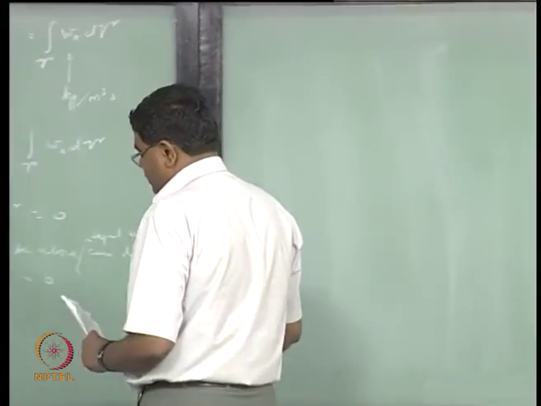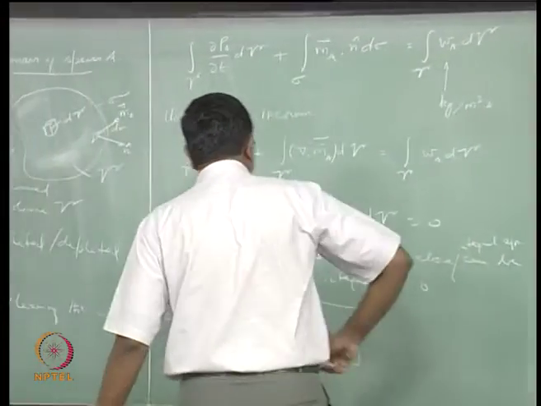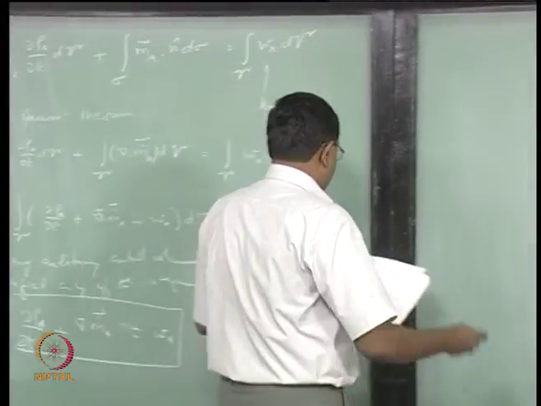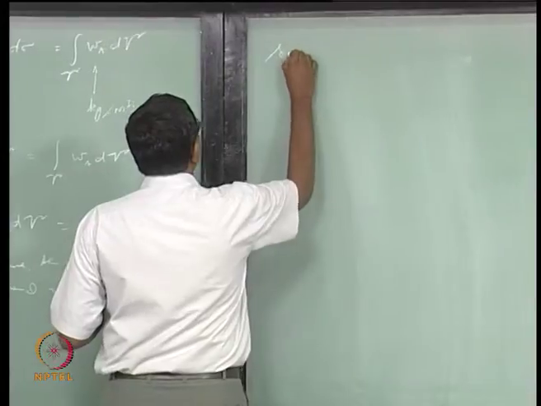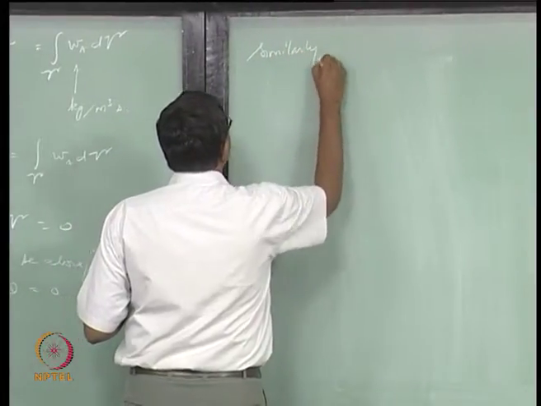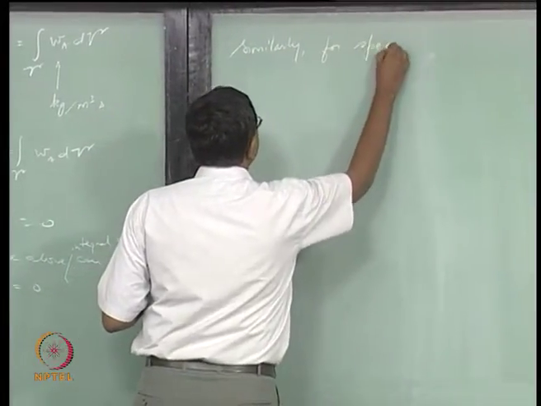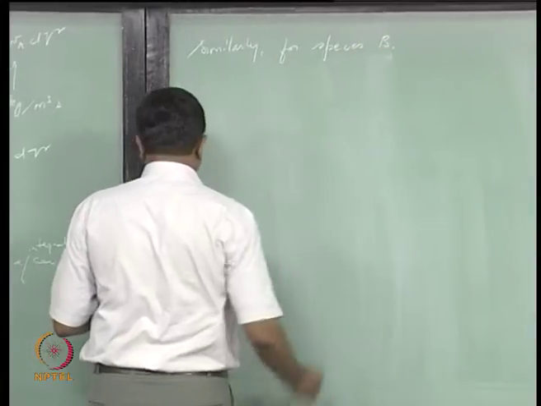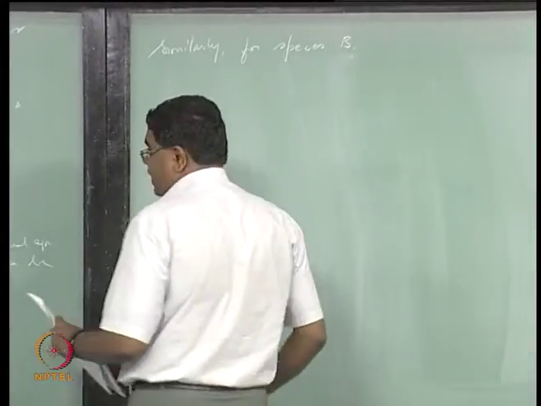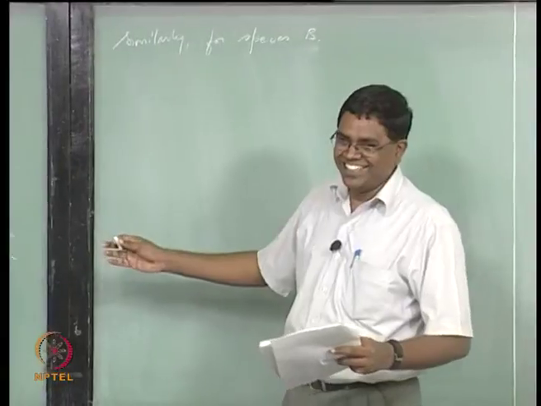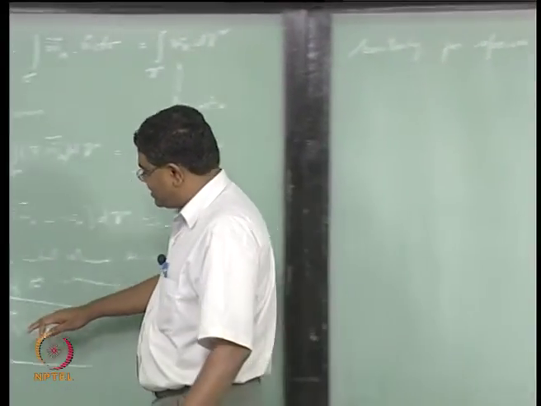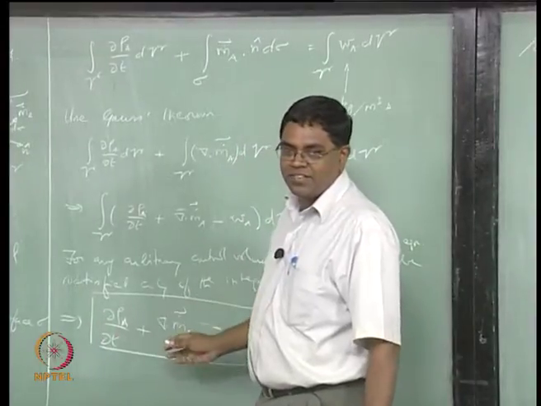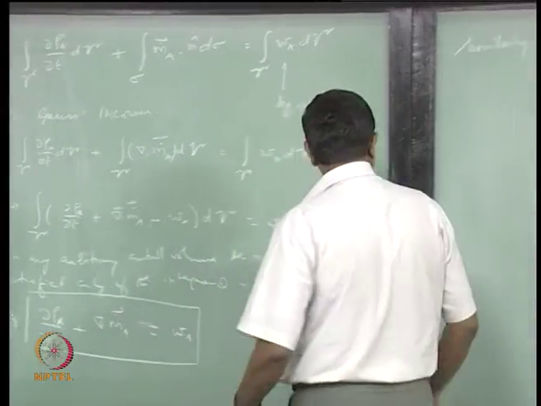We can now do this for species B. Do we have to do this again? Shall we? How would I do this? All I'm going to do is, wherever I see A, replace it by B. That's that simple.